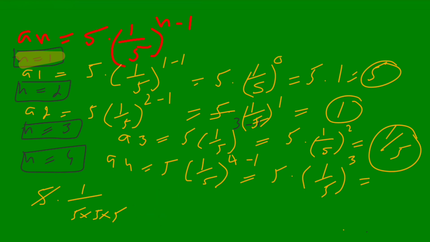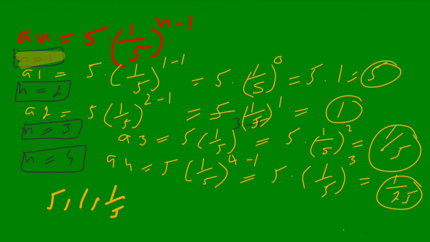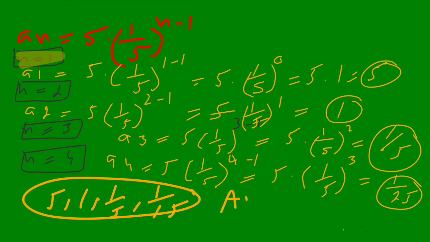Okay, the sequence is 5, 1 over 5 and 1 over 25. It is the answer.